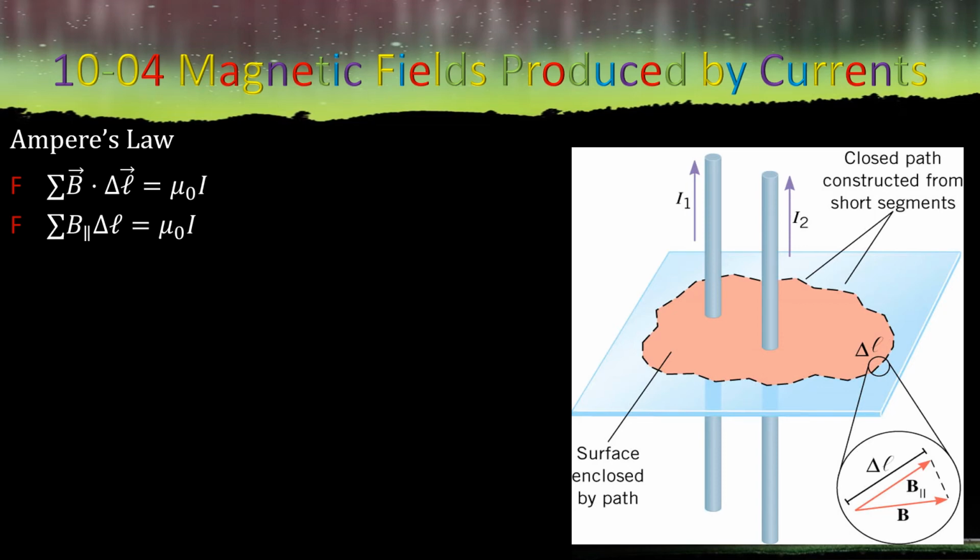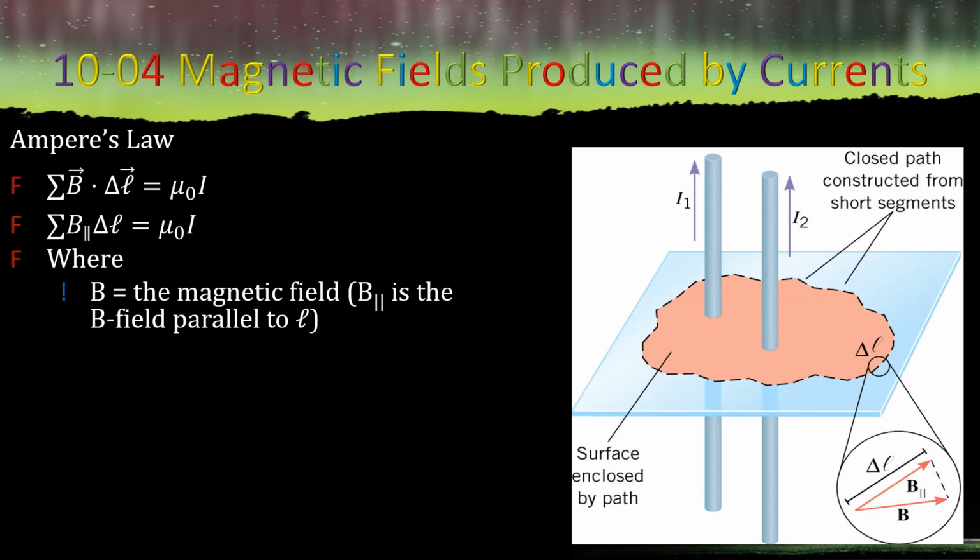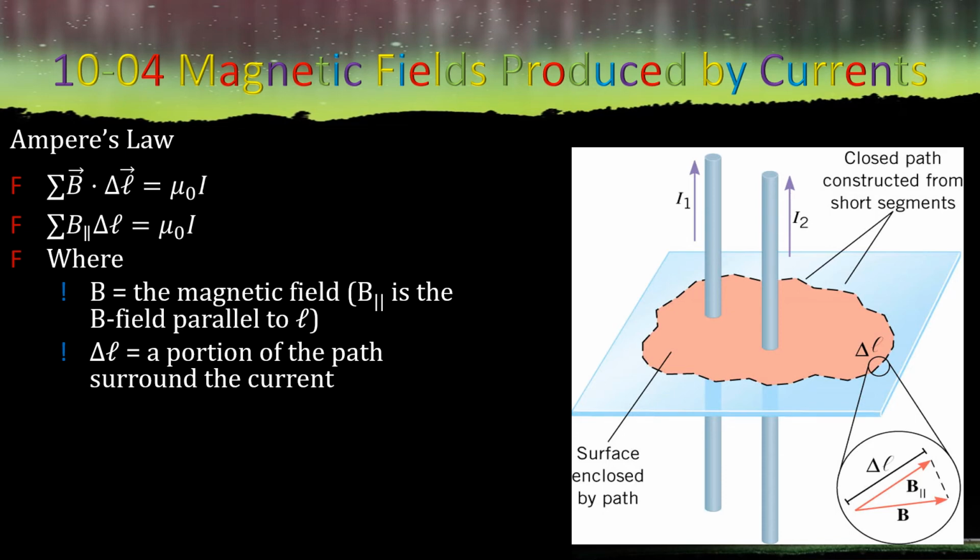This is for the first one, this is for the second one. Where B is the magnetic field, and this B is the magnetic field parallel to L, the length of the conductor.